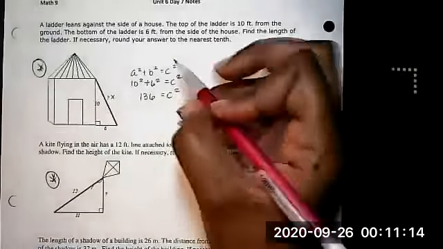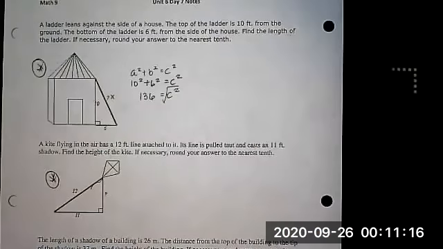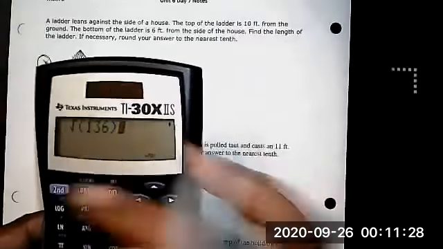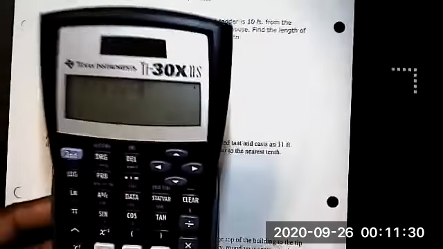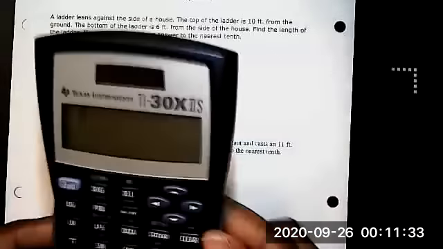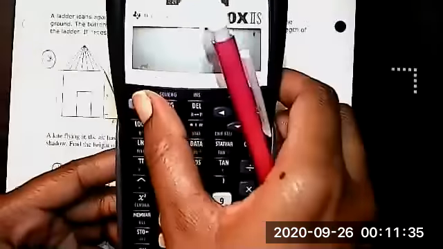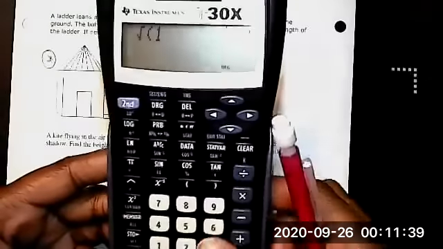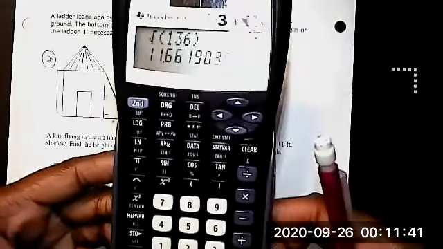And then it's c squared, and we'll take the square root of 136. I pushed second and x squared. That's how I got my square root. Let me do that with you. Second, x squared is the square root, 136, and push enter.